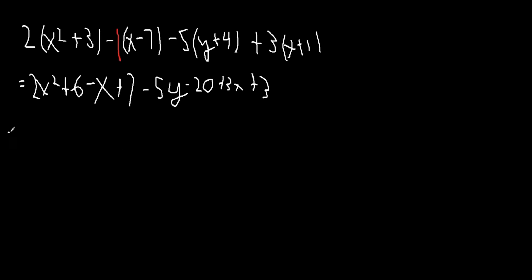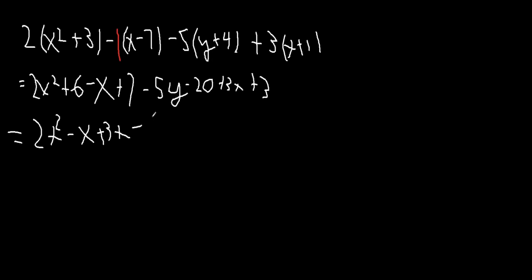So now let's group our like terms. We have 2x squared, and there are no other x squared. We have negative x, and we have 3x, so that's minus x plus 3x. And here we have negative 5y.